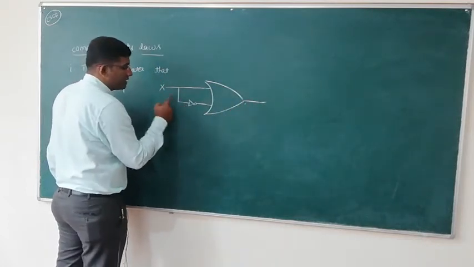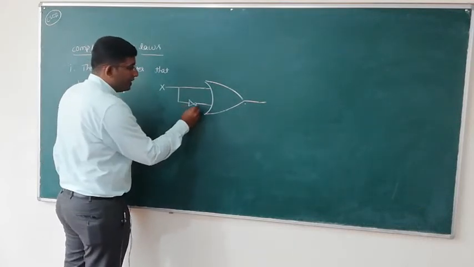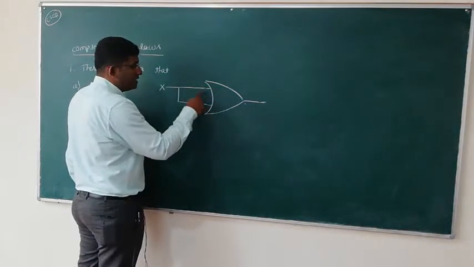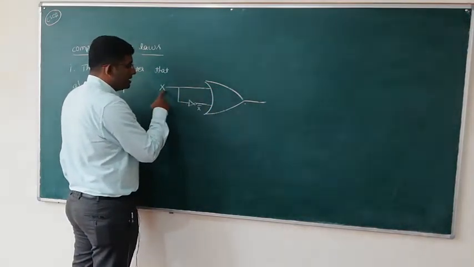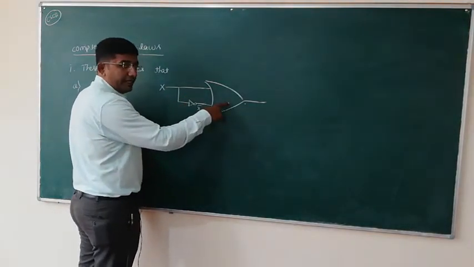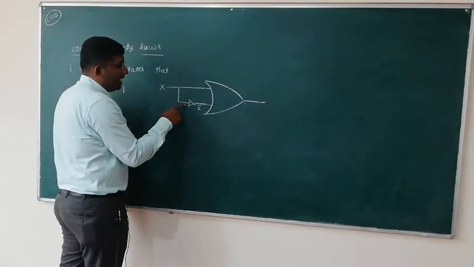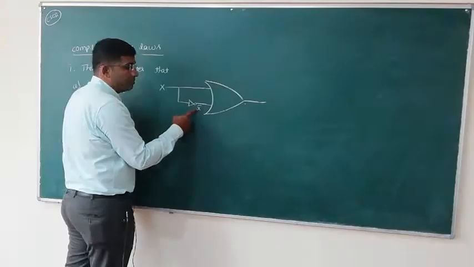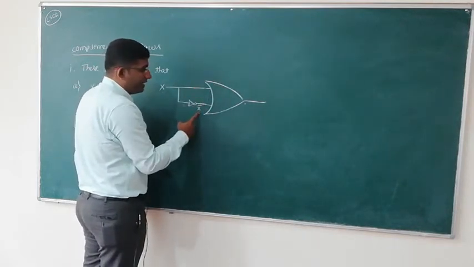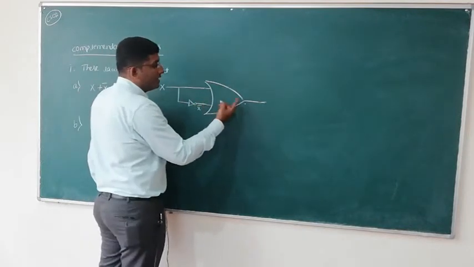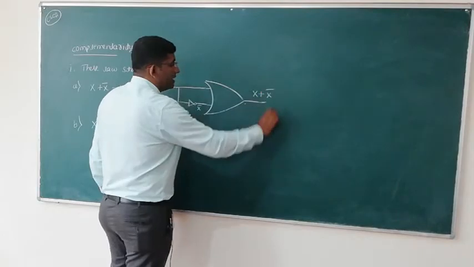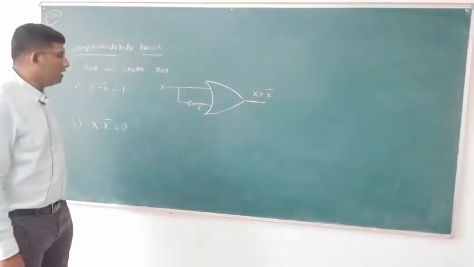When x is inputted, the same x is inputted to the NOT gate, and it becomes x bar. As we know, an OR gate always has two inputs, so x and x bar will be the two inputs for the OR gate. ORing this gives x plus x bar.